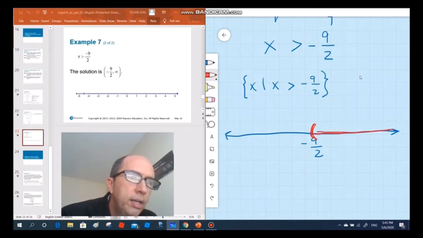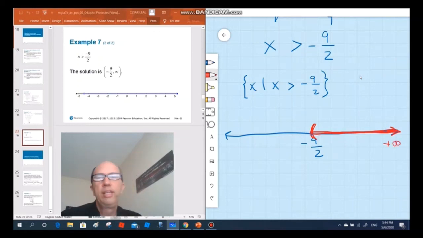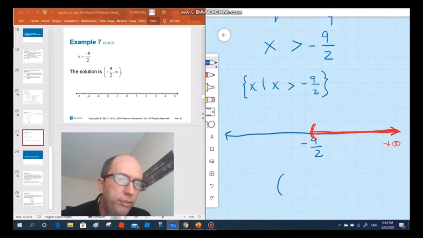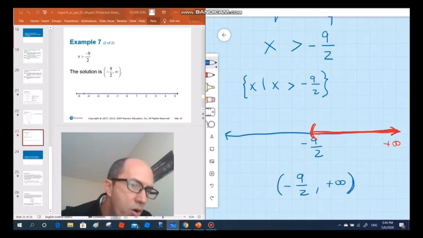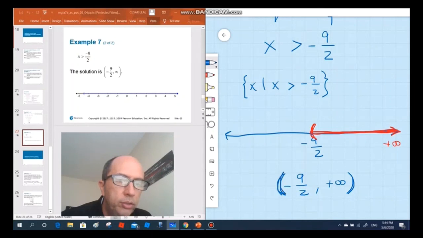And everything greater than negative 9 over 2 is part of the solution up to positive infinity. And interval notation, negative 9 over 2 and positive infinity. Infinity is always parentheses. And here, since negative 9 over 2 is not part of the solution, parentheses too.